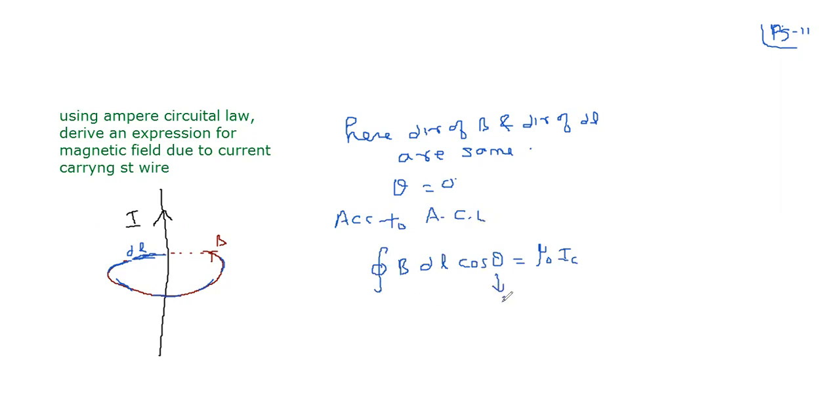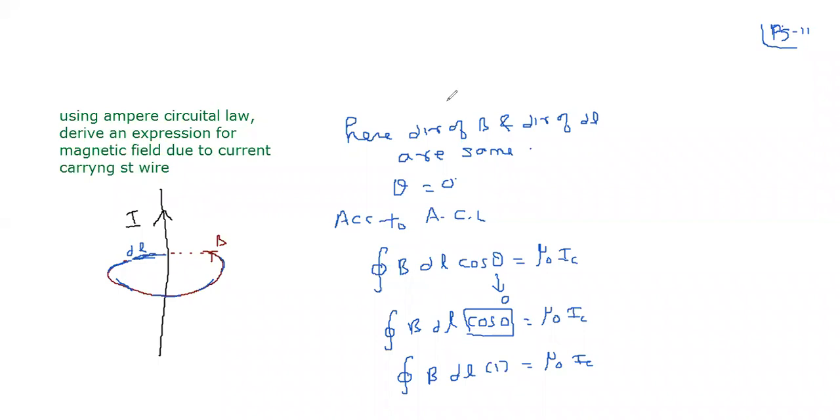Theta equal to 0 degree. So closed integral of B dl cos 0 equal to mu naught IC. What is cos 0? 1. So closed integral of B dl into 1 equal to mu naught IC. Here B is constant, so I am taking it outside.